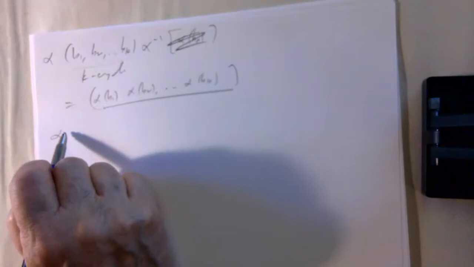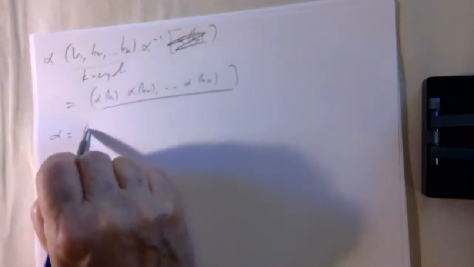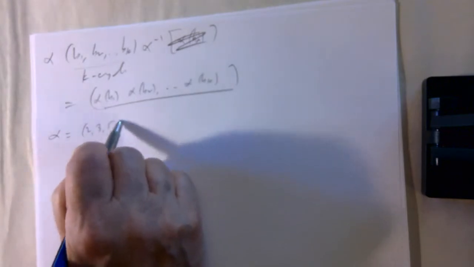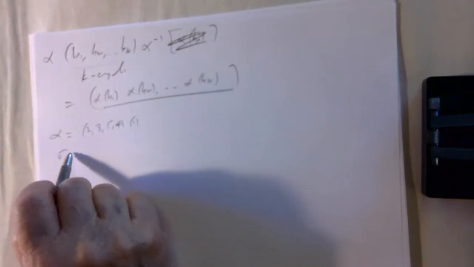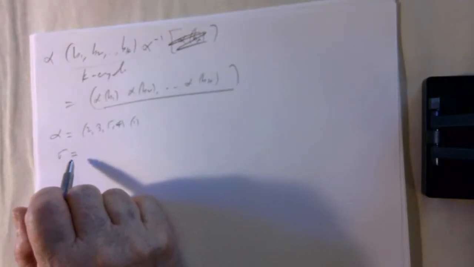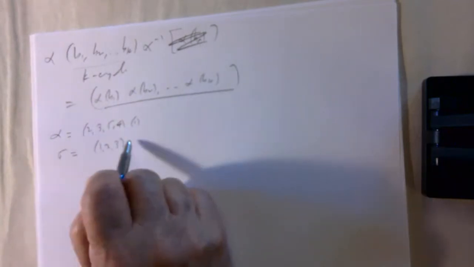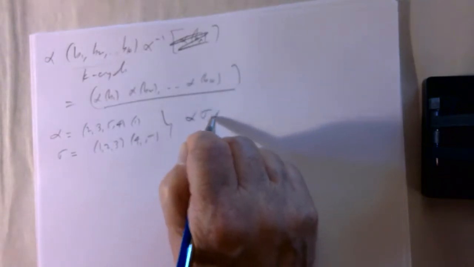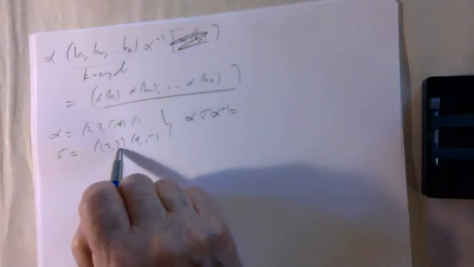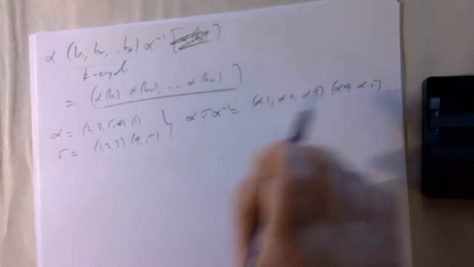So for example, when alpha in this problem is the permutation 2, 3, 5, 4, and sigma is the permutation 1, 2, 3, 4, 5, then alpha sigma alpha inverse, 1, 2, 3, this will be alpha of 1, alpha of 2, alpha of 3, and the cycle alpha 4, alpha 5.